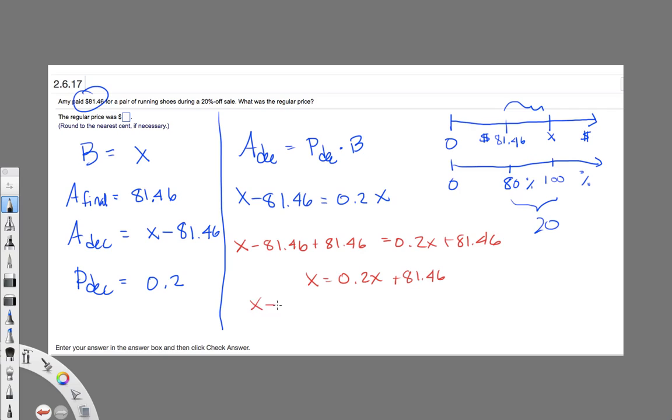Now X minus 0.2X equals 0.2X minus 0.2X plus 81.46. And notice that I have X here, and 1 minus 0.2 is the coefficient.